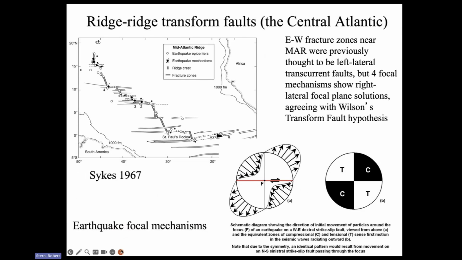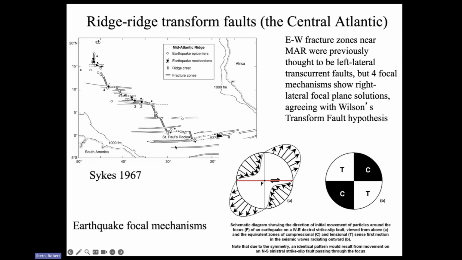Now, what convinced people that Wilson was right was earthquake studies in the Mid-Atlantic Ridge. Here's Africa, here's South America, this is the Mid-Atlantic Ridge. There's a lot of transforms in here.